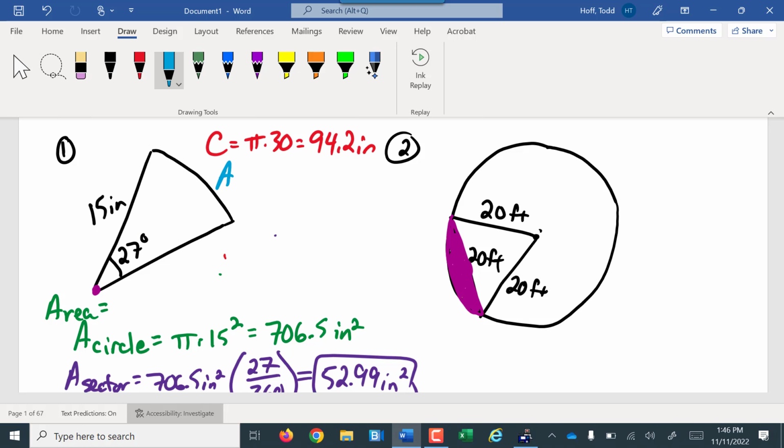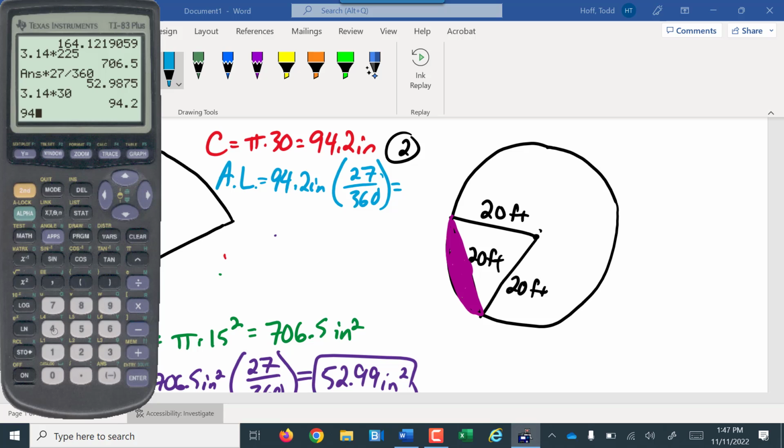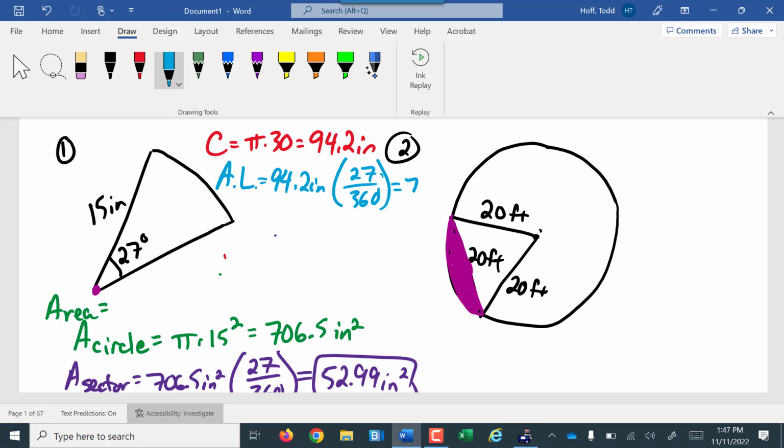So that means we have an arc length, 94.2 inches times 27 over 360, which will be 7.07 inches.